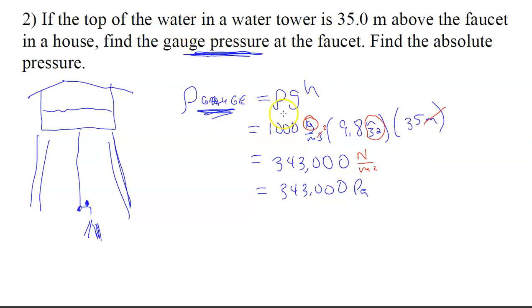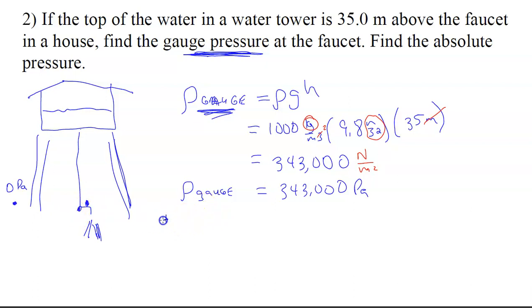To do this second part, find the absolute pressure, what I need to do is take the gauge pressure. If I swam down there with a pressure gauge, or if I put a pressure gauge on the pipe right there, this is what it would read, meaning that the pressure at the outside air at some other point would be 0 Pascal. All right, and the pressure here is 343,000 above that.